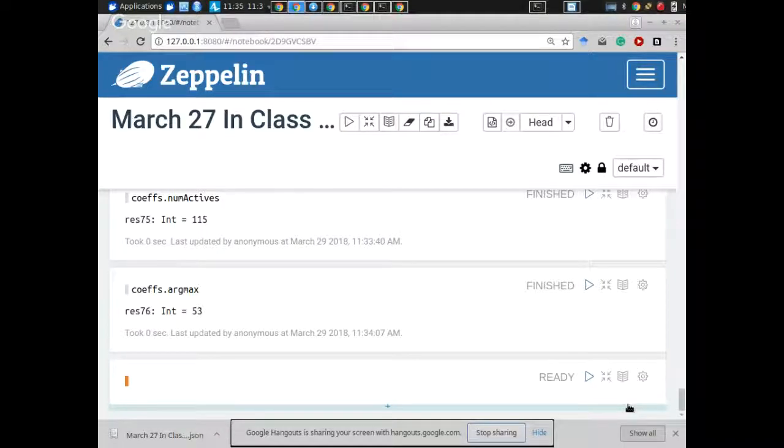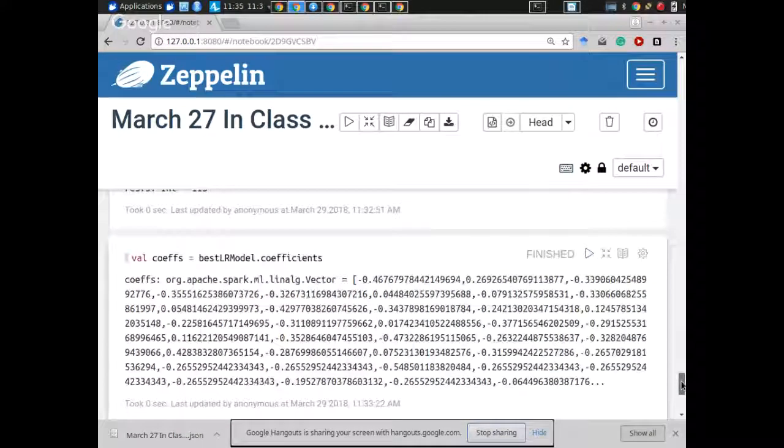Okay, so suppose we're interested in knowing which words these are. Like these ones that are highly associated, these 115 that I thought were significant enough to include. Which words are there? Notice, what would it mean if it's negative here? What if it's highly negative? What would that mean? It's a pretty strong indication that it's unpredictive. Meaning, if you have that word in there, probably the tweet is not health related.